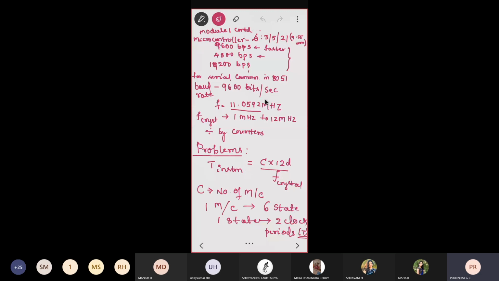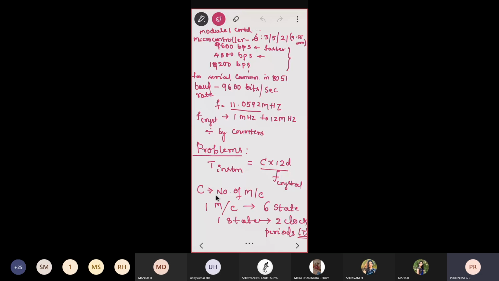Using those counters, we derive a fractional part of the clock frequency 11.0592. For any question on instruction execution time, you have to use one formula that is already discussed: C into 12D divided by F of crystal.